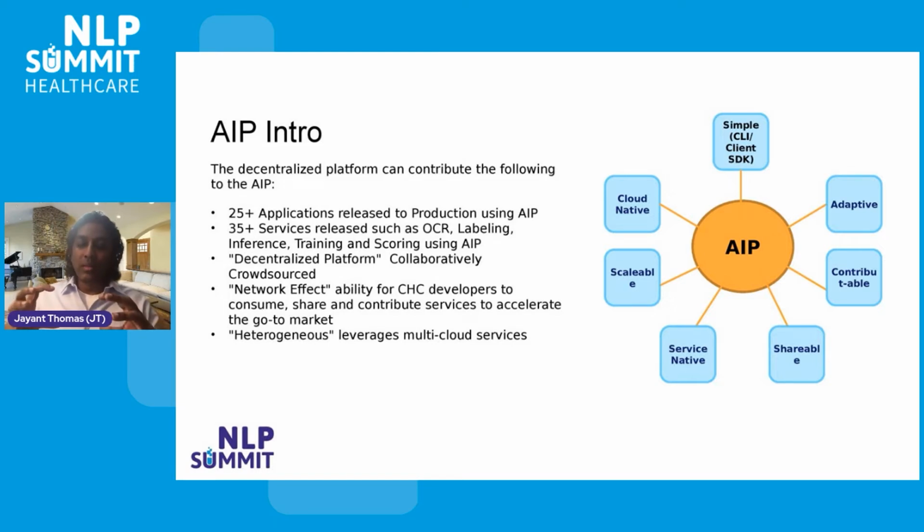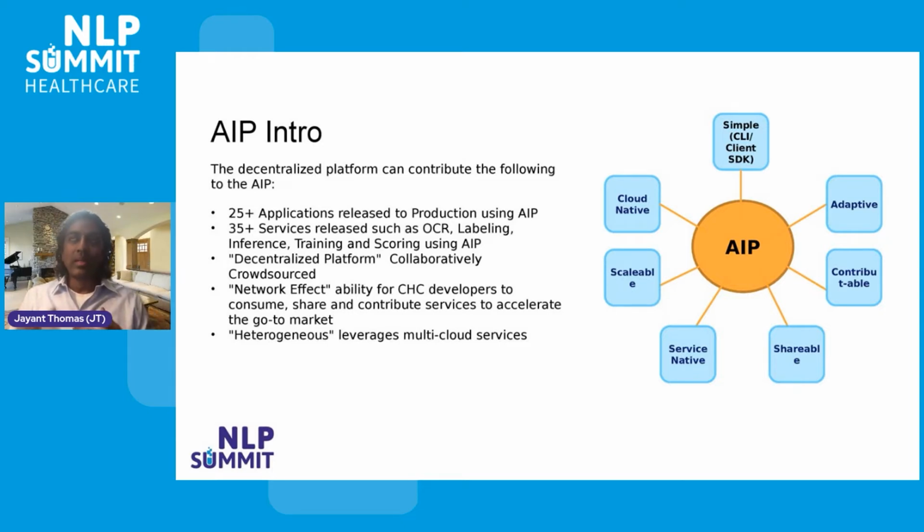So the whole idea is that when you contribute to the platform, you expand the value of the platform by adding new services, and at the same time, you can use all the services within the platform as well. Essentially, you can contribute and share, and it's pretty much heterogeneous. So each of the services can use any of the cloud native services you have built as well.